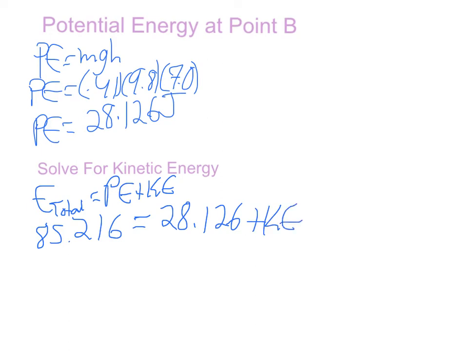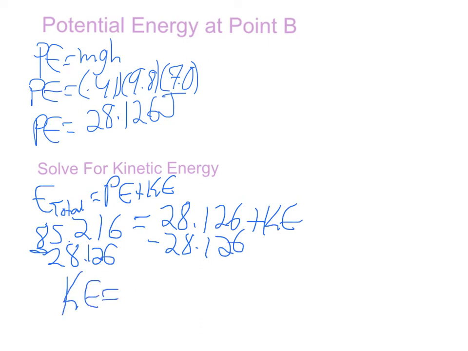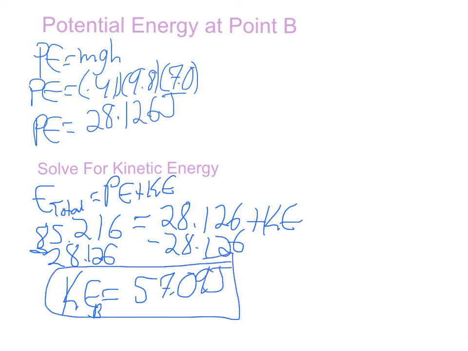And then if you solve for KE by subtracting 28.126 from both sides, you're going to find that the kinetic energy at point B is 57.09 joules. And that is the answer to part A of the problem.